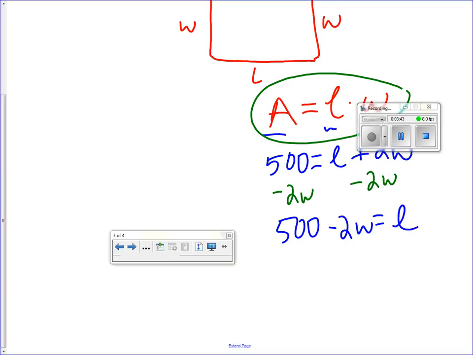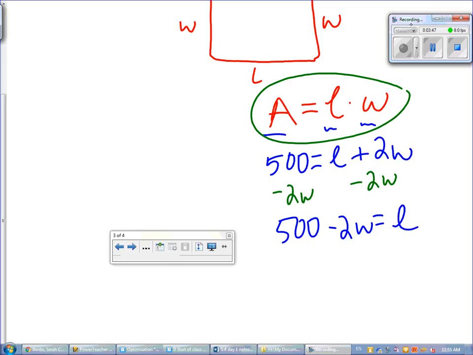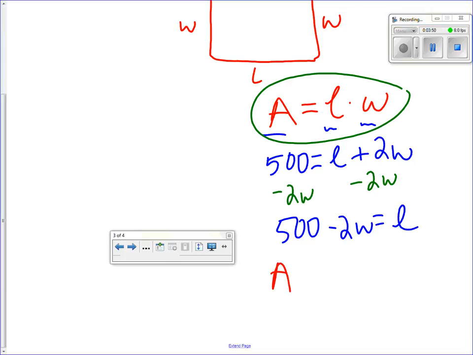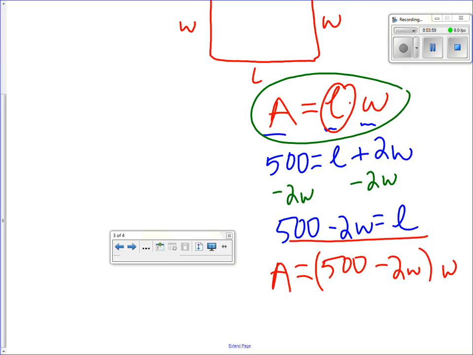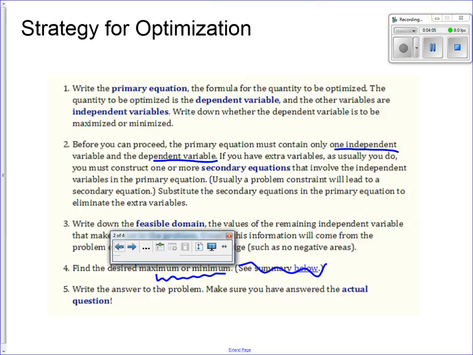So 500 minus 2W equals L. So what I can do is go back to that area equation, and instead of writing L, I'm going to write 500 minus 2W times W. That still says length times width. So that was all step 2. Let me go back to the steps here. So my primary equation was the area, because that's what I was trying to optimize. And then my constraint, or my secondary equation, was that I only have 500 feet.